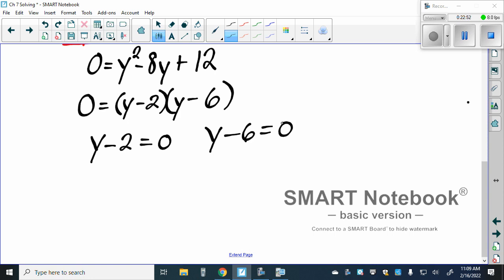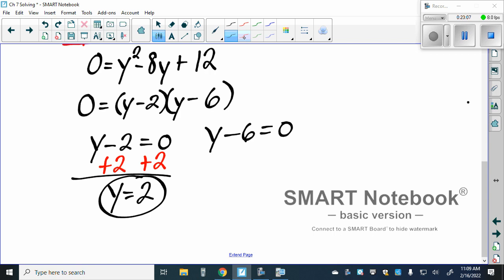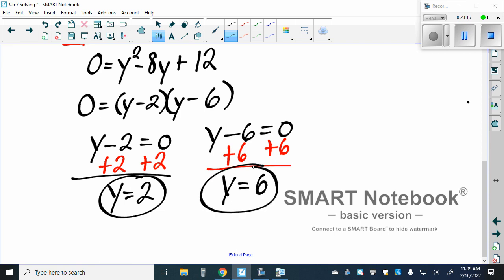Is this any different than finding the restrictions? No, it's actually the exact same thing. Two and 6. Neither one of those is our restrictions, correct? Well, no, so those are our answers, yes?